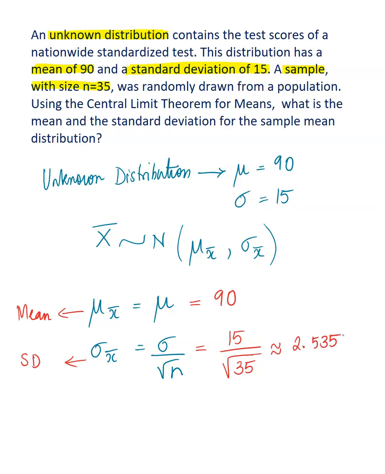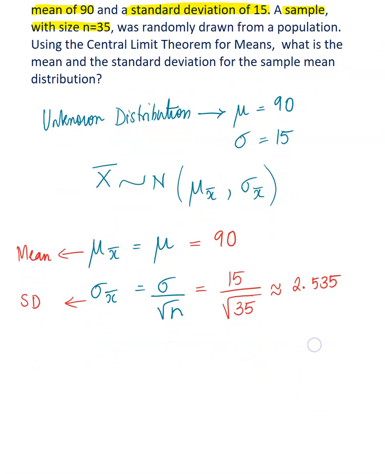We get an approximate answer of 2.535. So we found the distribution to be normal because that's coming from CLT. CLT assures this. And we got that to be 90, 2.534. So you've got your new mean and standard deviation for your sample mean distribution.